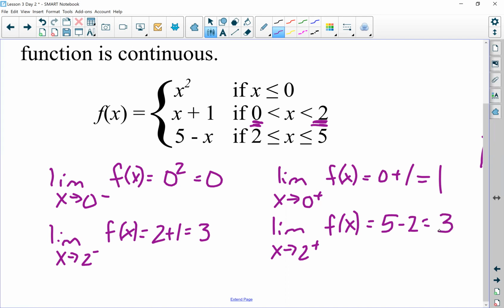In this case, the limits as we approach from the left and the right are the same value. And that's the value that we would get if we plug 2 in. If we plug 2 in, it goes to that 5 minus x spot. So it is continuous there.